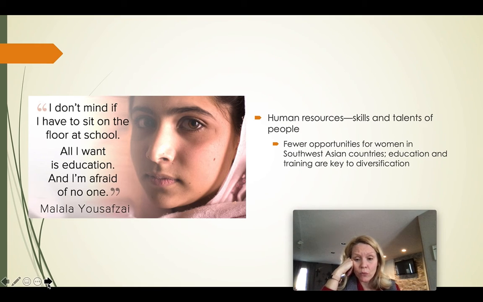And she was shot by the Taliban, by Al Qaeda forces, because she was disobeying, and she actually survived. And she realizes that her number one priority is to get an education, because that's truly what leads to more liberty and more justice in Southwest Asia.